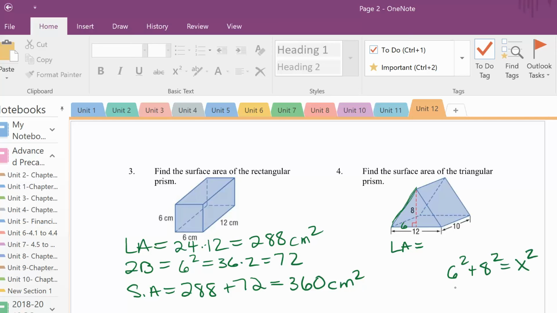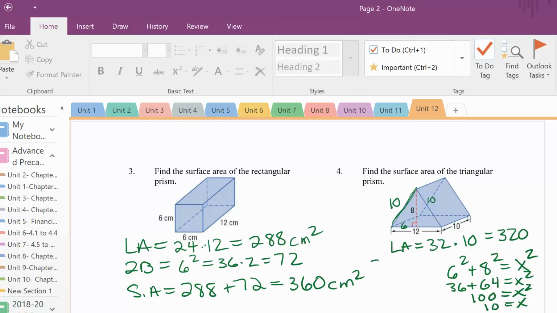That's 36 plus 64 equals x squared, 100 equals x squared, so 10 is equal to x. That means the sides here are 10 and 10, so the perimeter of the base is 32, and then the height of the prism is 10. So 320 is the lateral area.